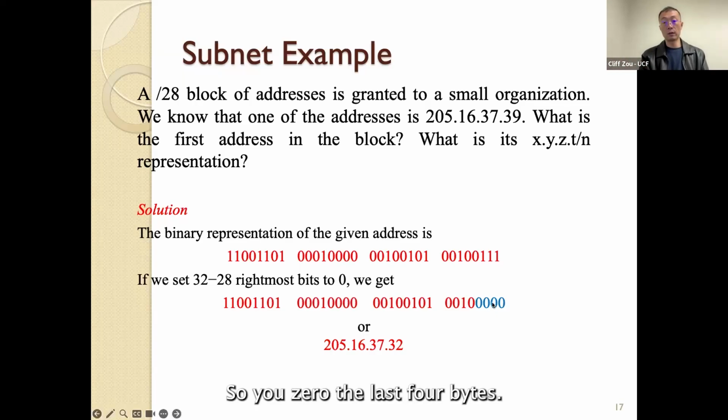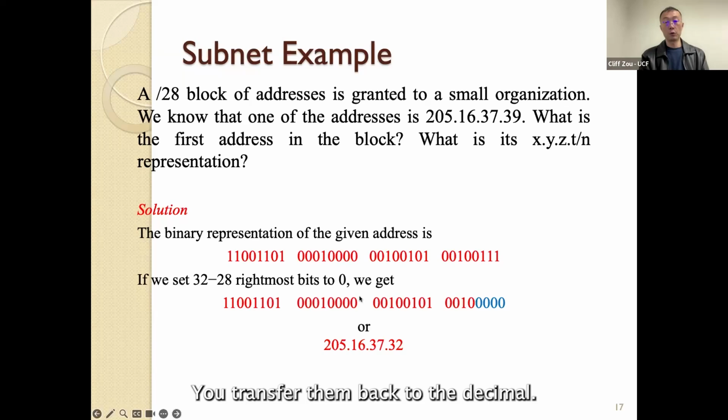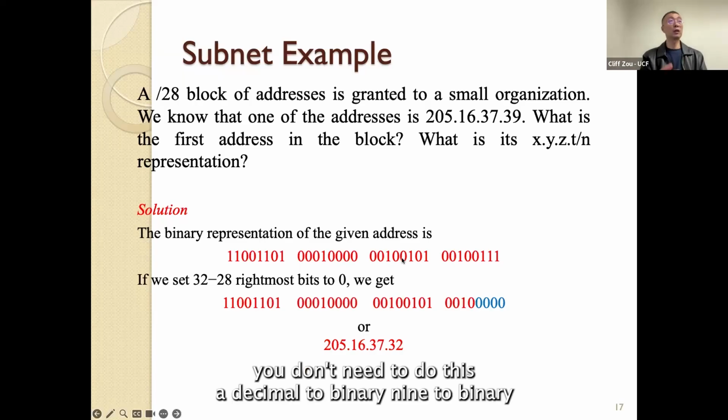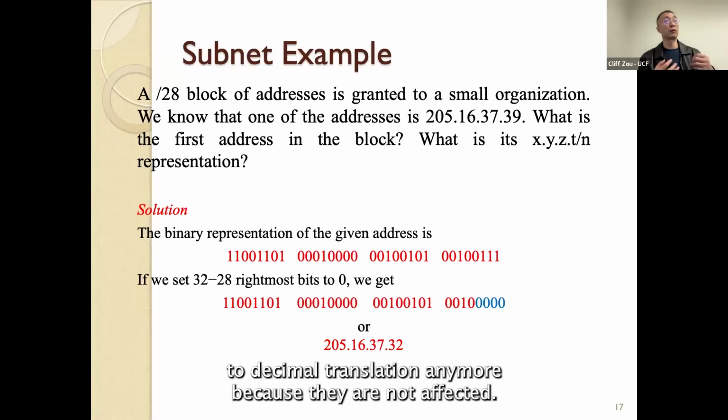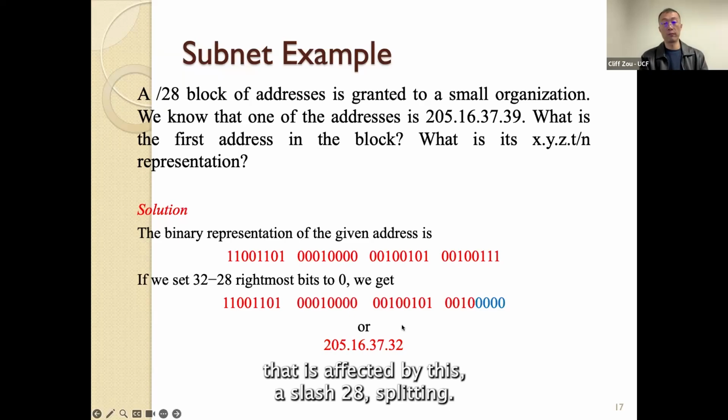So you zero out the last 4 bits. Then this is the first IP address in the subnet. You transfer it back to decimal. That's why I said that for the first 3 bytes you don't need to do the decimal to binary and binary to decimal translation, because they are not affected. You only need to transfer the last byte that is affected by this /28 splitting.